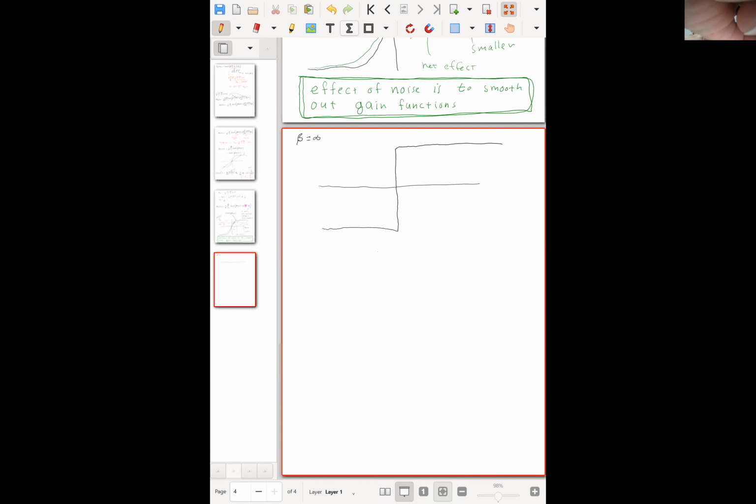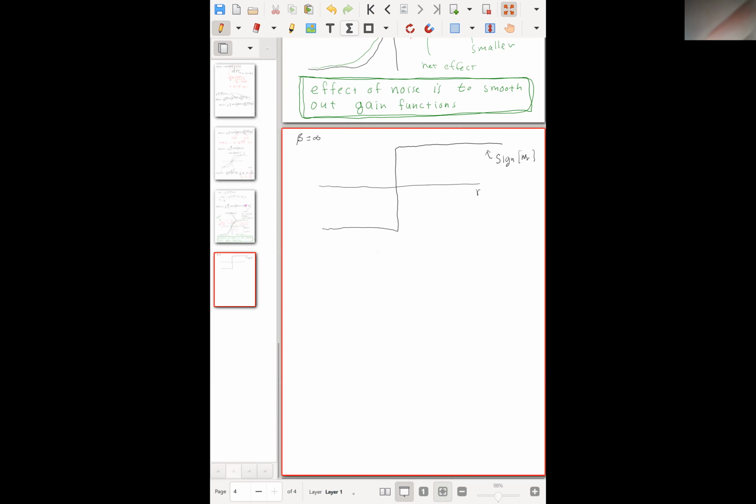This is tanh. Actually, this becomes sine. When beta goes to infinity, we basically just get sine of M nu.